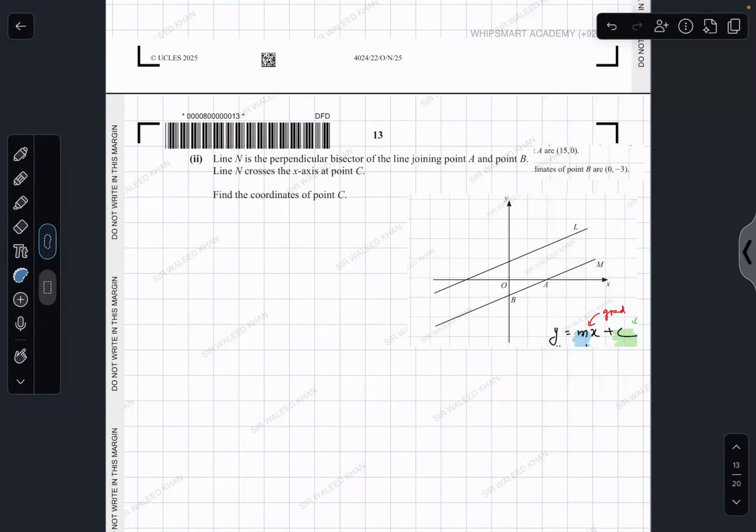Okay. And keep on sharing your answers if you are done with this one. Yes. Any answers?